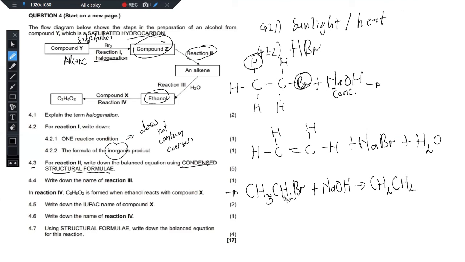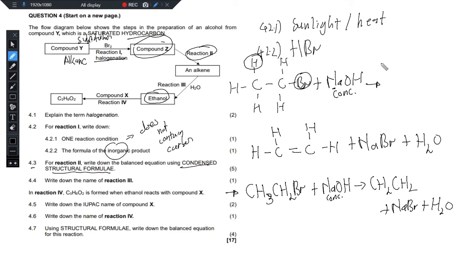You see, with a condensed formula, you are simply telling me the first carbon here is bonded to how many hydrogens, this carbon here is bonded to how many hydrogens, and also the halogen there. Then again here, this carbon is bonded to 2 hydrogens, this other carbon is bonded to 2 hydrogens, plus my byproduct, obviously, NaBr plus H2O. So basically your answer should look like this. Also indicate that this one needs to be concentrated. Other than that, it's awesome.